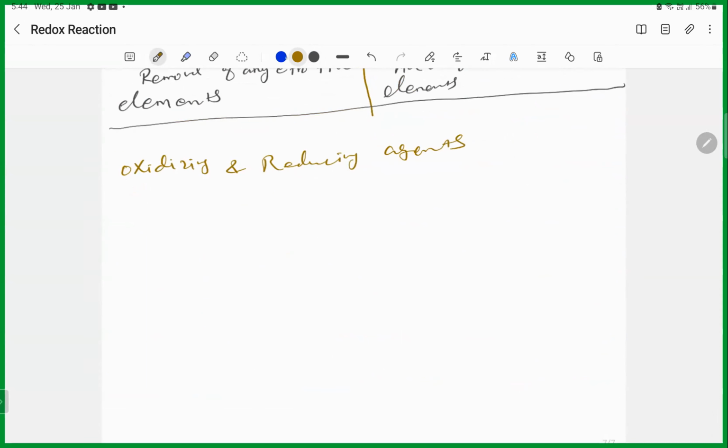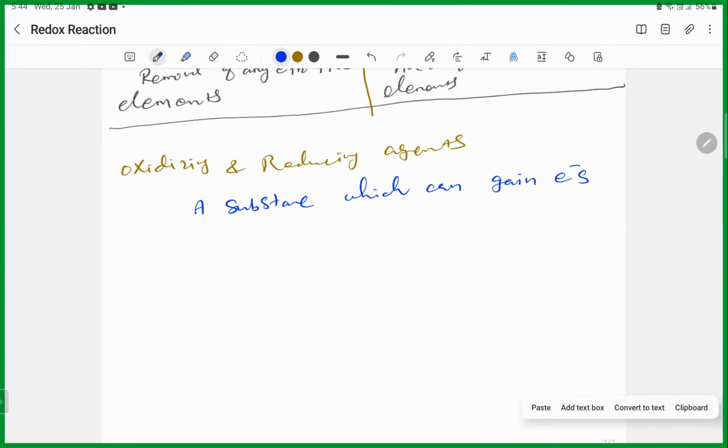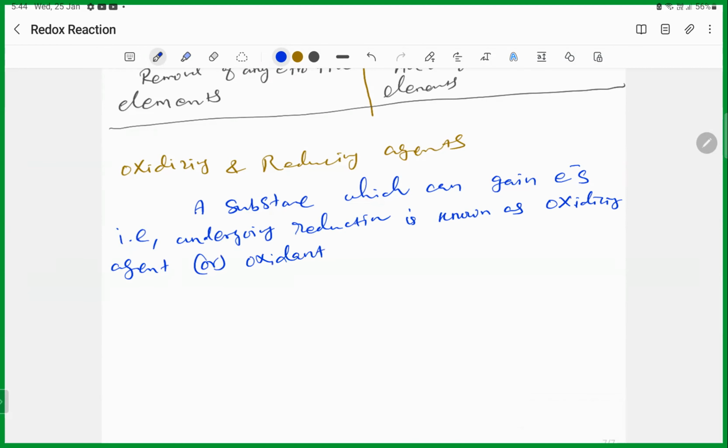A substance which can gain electrons, that is, undergoing reduction, is known as an oxidizing agent, or otherwise oxidant.